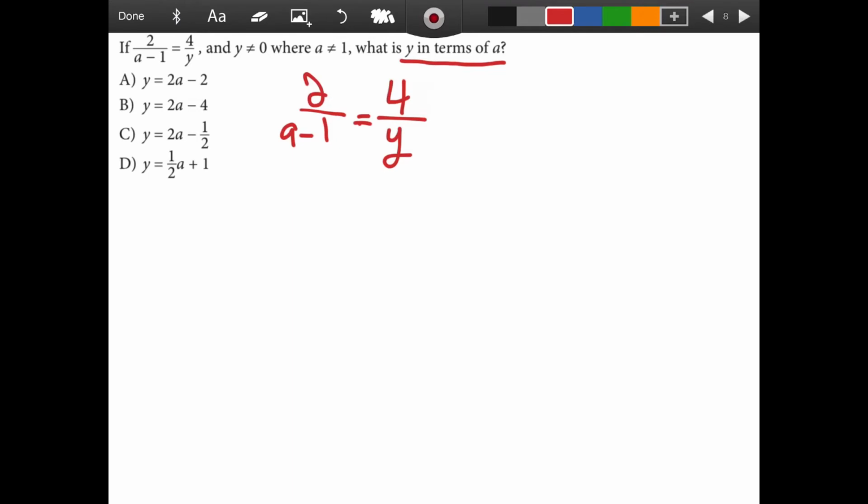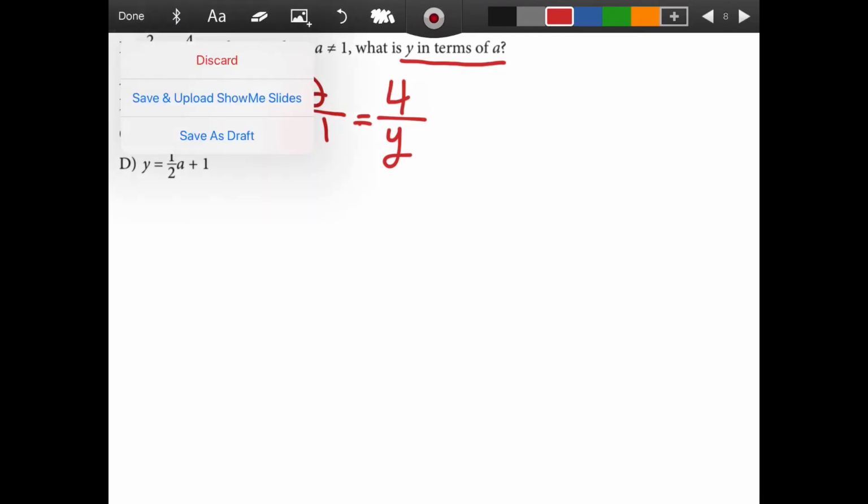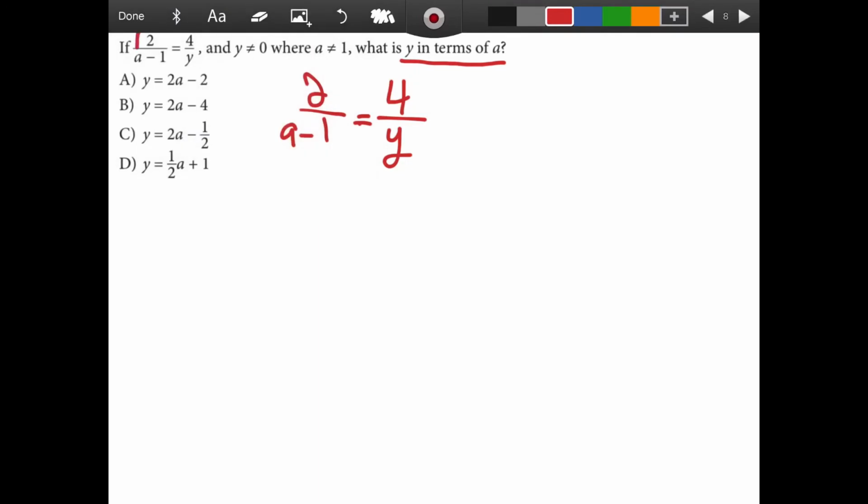We would have to do this a little differently if there was a third variable in here, like let's say b was up here, because if we want it in terms of a, we would have to find a way to eliminate that b.